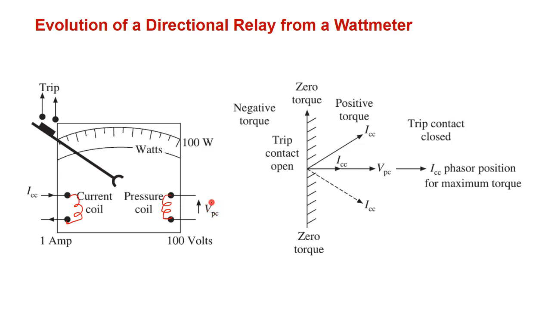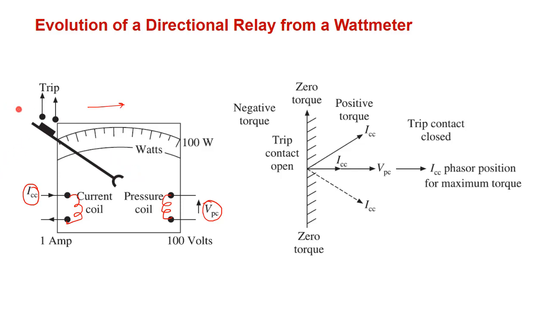If we mark the voltage as VPC and the current as ICC and plot the phasors, then when the current is in the forward direction, it will trip. That means the needle will move and connect the trip contacts. So the wattmeter principle is almost the same as the directional overcurrent relay.